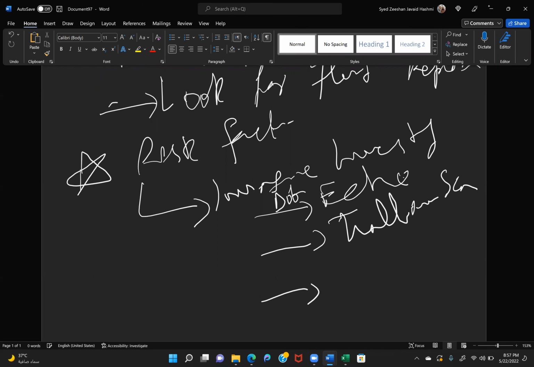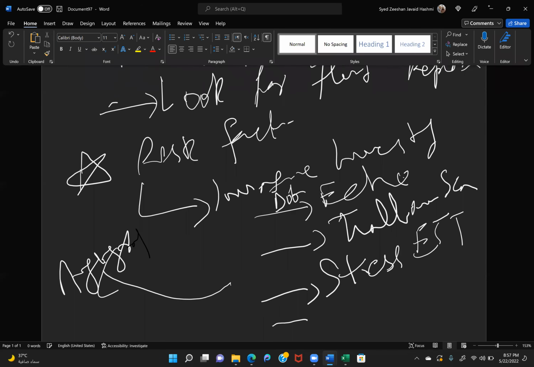Thallium scan is to see viability, and there is stress ETT. Further, if needed, the patient will go for angiography.